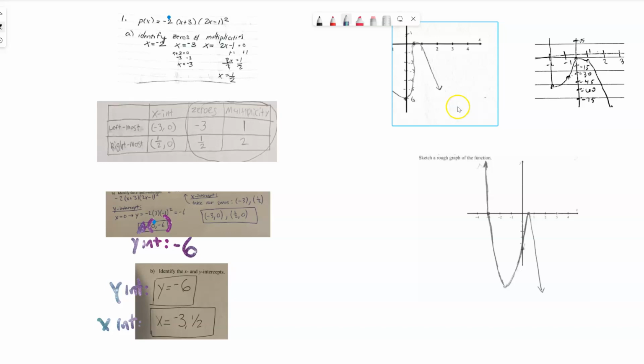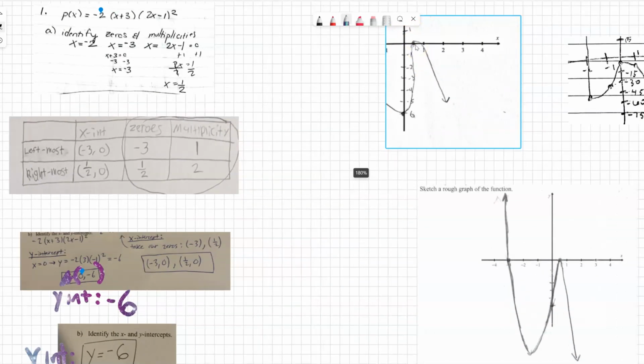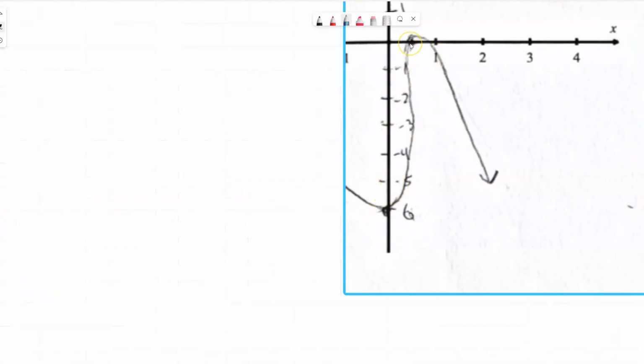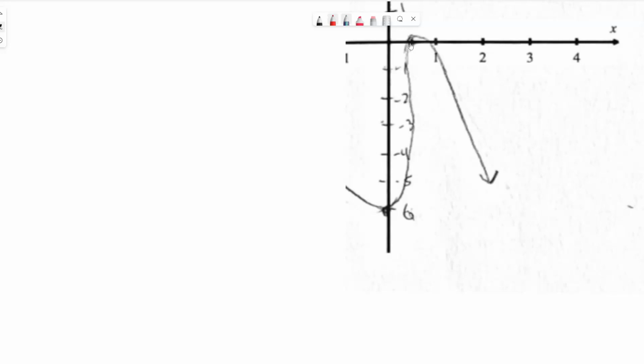Now for the graphs. This one has nice labeling of the tick marks on the y-axis. However, there is clearly an intercept, and right there would be the other intercept because this student has the graph going above the x-axis.